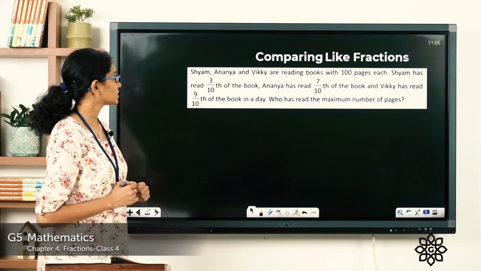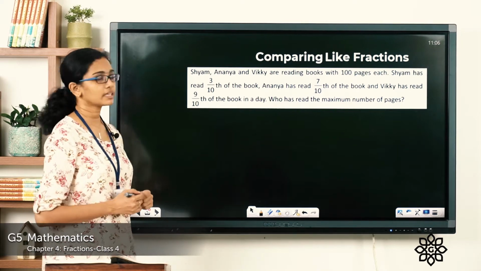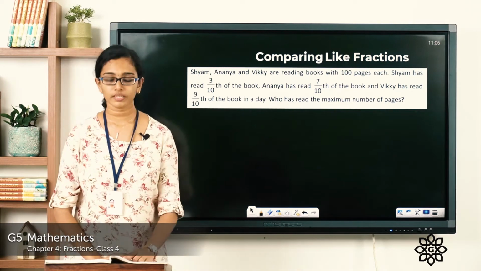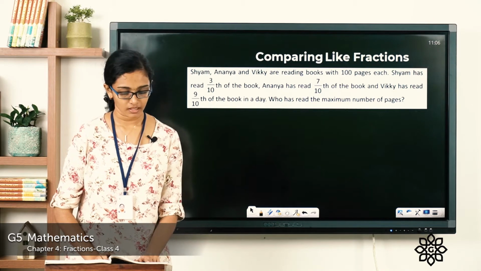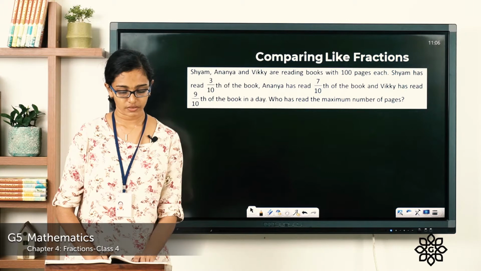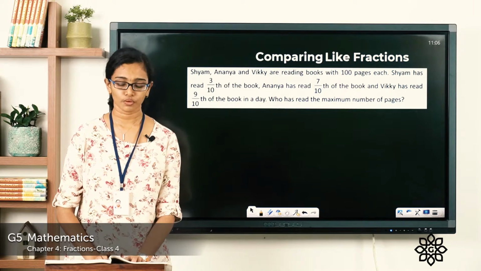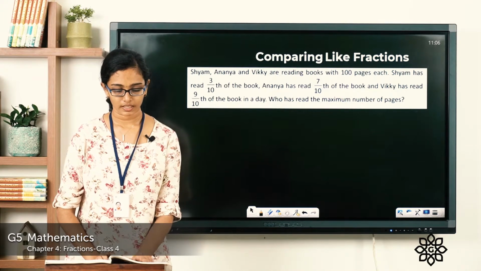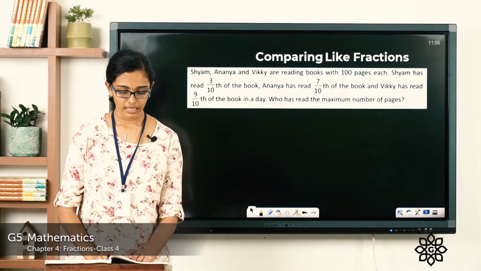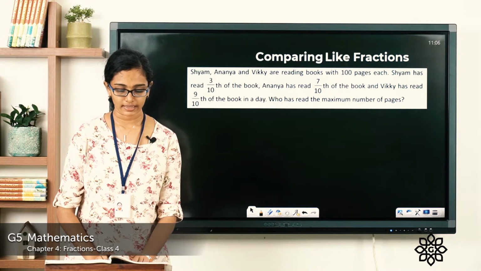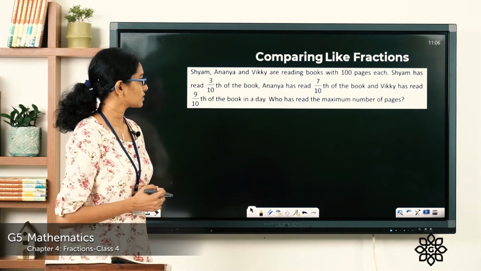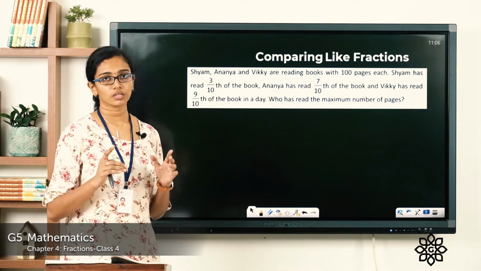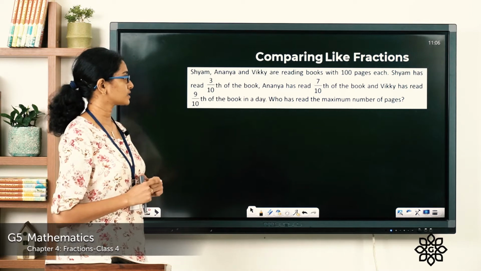See this question. Shyam, Ananya and Vicky are reading books with 100 pages each. Shyam has read 3 by 10th of the book. Ananya has read 7 by 10th of the book and Vicky has read 9 by 10th of the book in a day. Who has read the maximum number of pages? So, all these 3 children are reading a book and the book has 100 pages each.